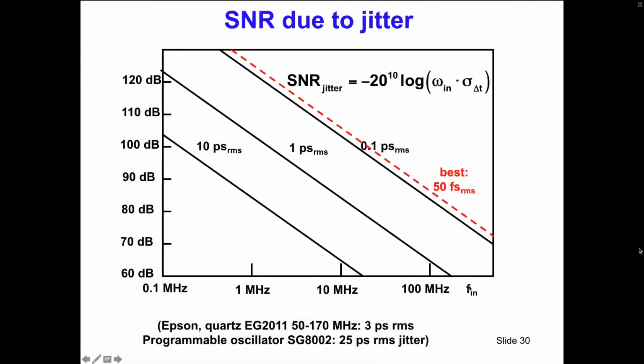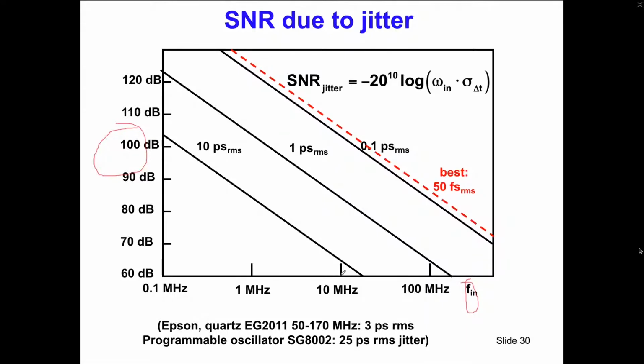This is the jitter again in my preferred plot. On the horizontal axis is the frequency, and here is the signal to noise ratio associated with that. And you do see here that jitter is really a boundary condition.